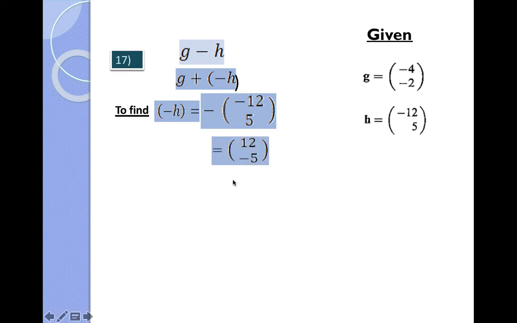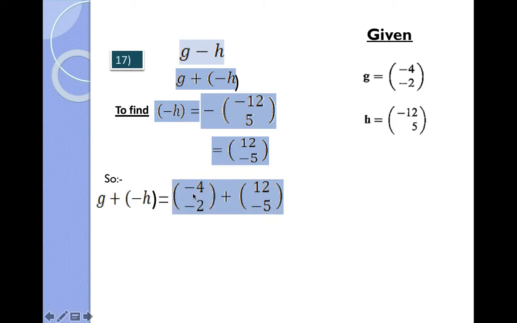So now you got negative h, equal to 12 and negative 5. The x component is 12, the y component is negative 5. Now substitute the components of vector g into g plus negative h.